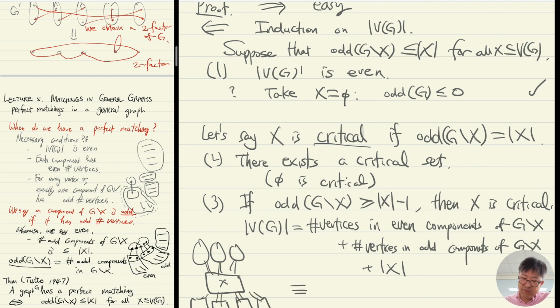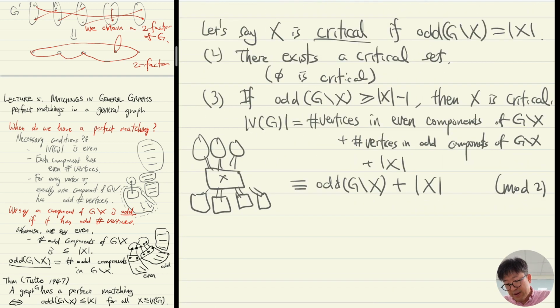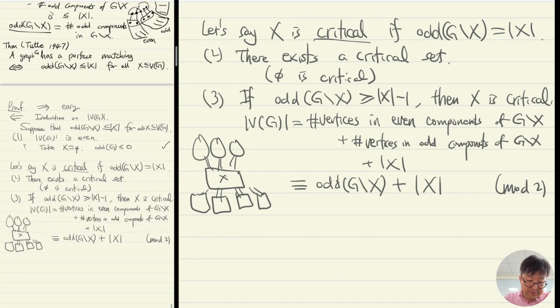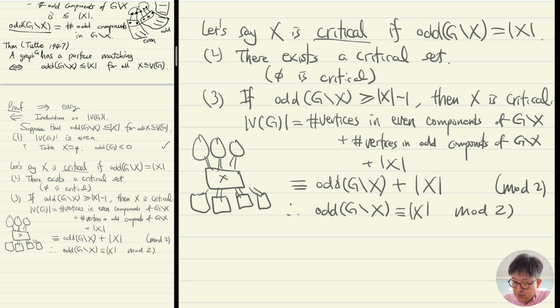And if we look at it modulo 2, then what remains is the number of odd components plus X, right? But we knew that the number of vertices of the graph is even by the first claim. So that means the number of odd components of G delete X is always equal to X modulo 2.